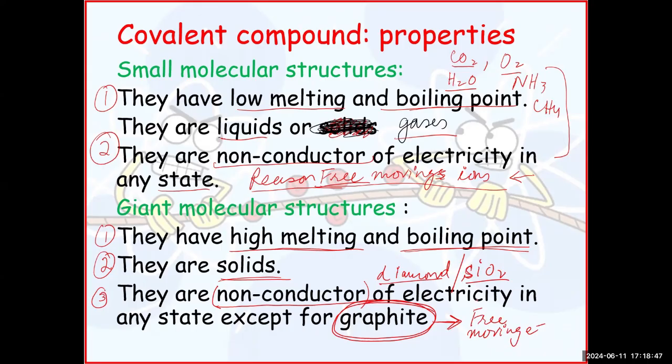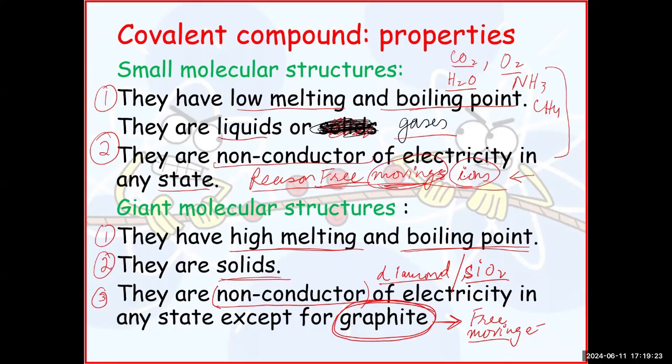One thing which I would like you to consider is the word moving. Free movement of electron is there, or free movement of ion is there. When we are talking about a compound, we will refer to the ions. When we are talking about elements, we will refer to the electrons. Graphite is only made up of carbon, only one element, whereas carbon dioxide and water were made up of other elements as well, like H2O having hydrogen and oxygen.